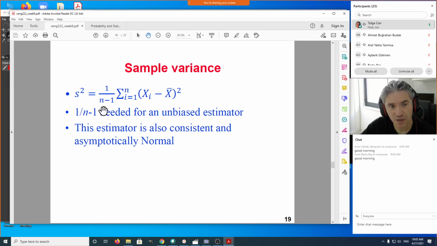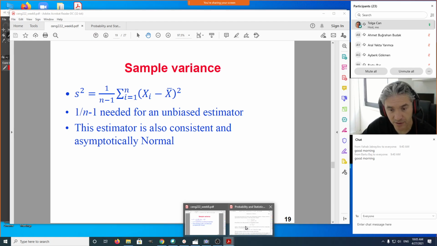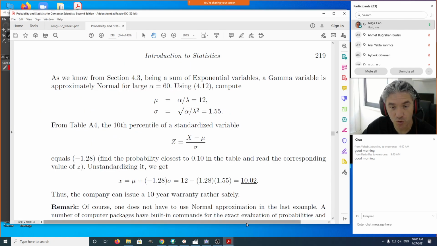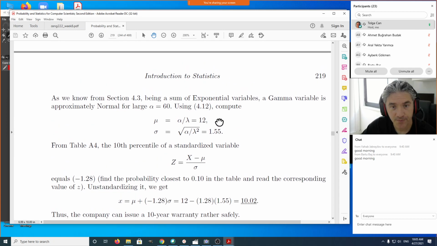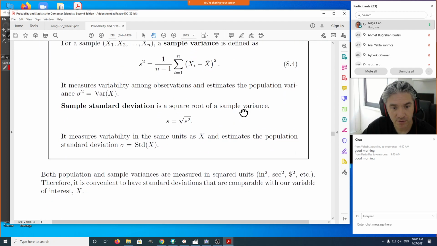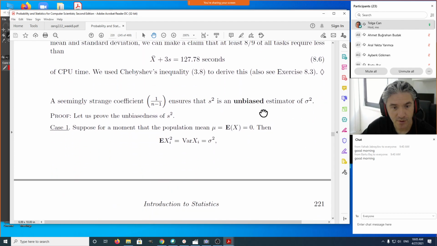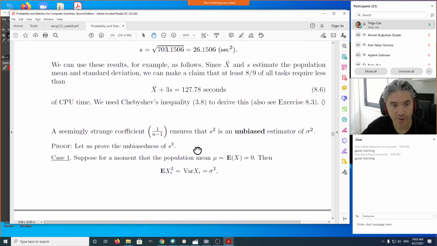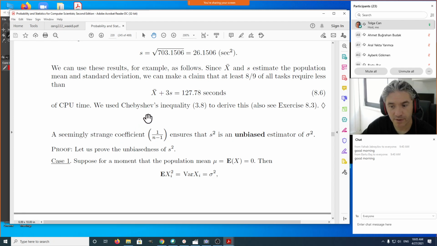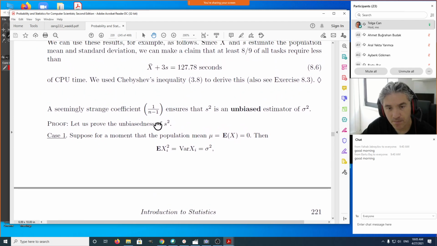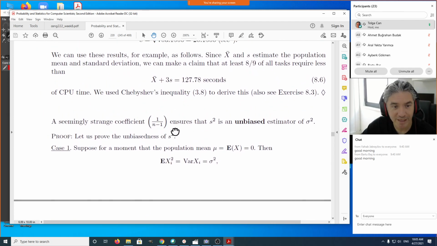In order to get rid of that, the proof that this is an unbiased estimator is a little bit complicated, but it considers two cases. If you're wondering about this proof, it's at the bottom of page 220. This is a seemingly strange coefficient, 1 over n minus 1.